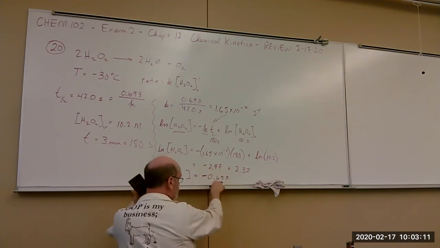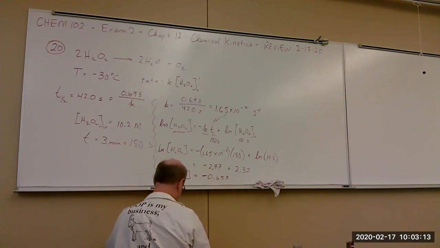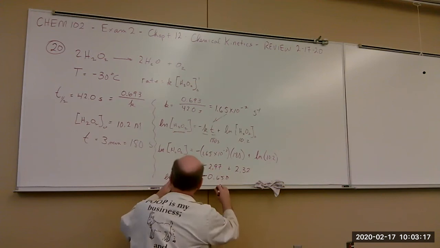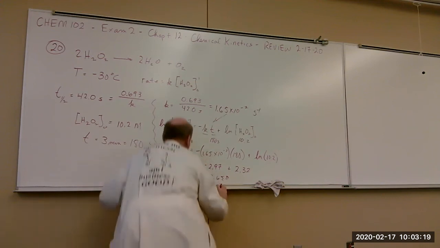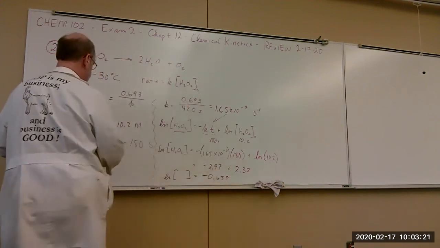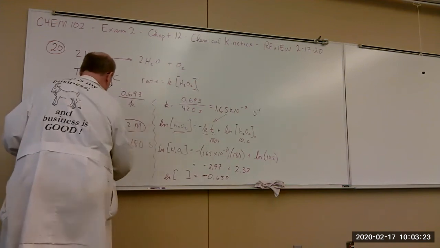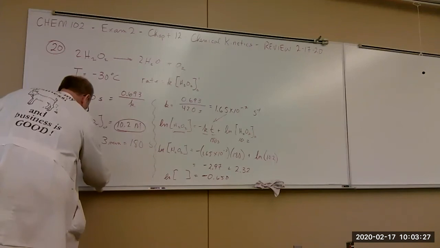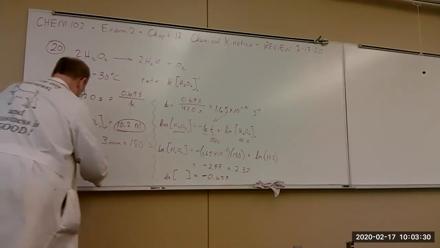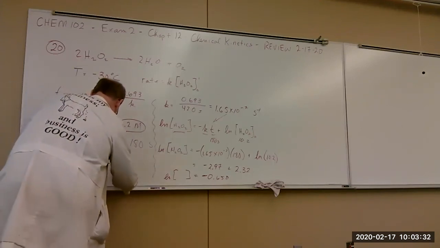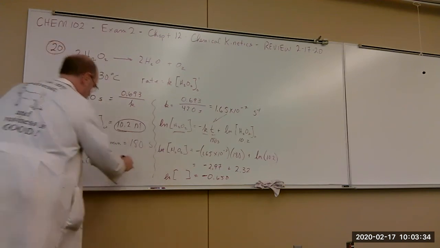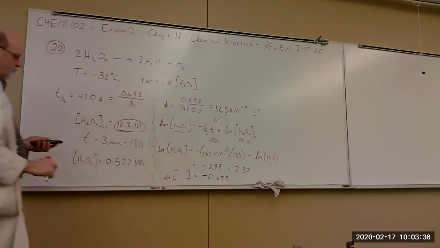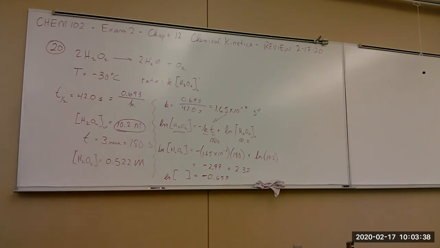So we just need to take e to that power. And that says that after 180 seconds, we started out with this concentration, and now the concentration is equal to 0.5. Close enough. Rounding error.